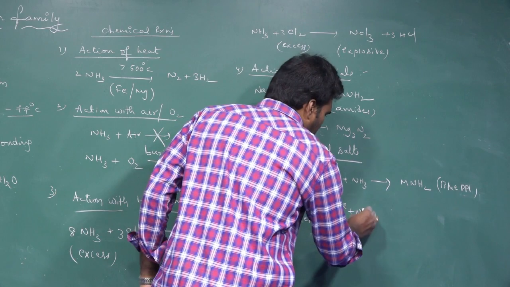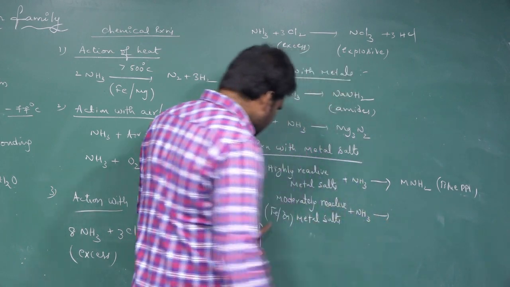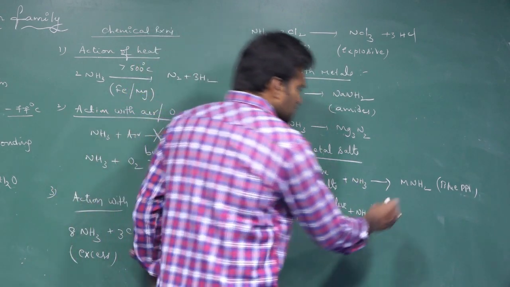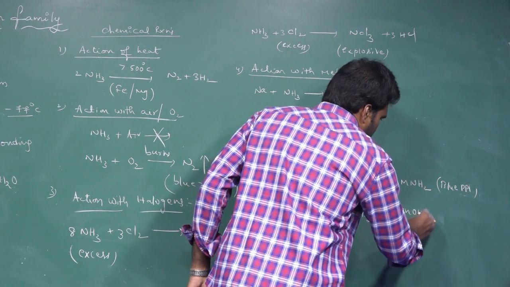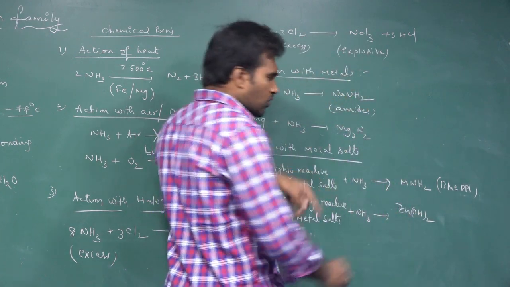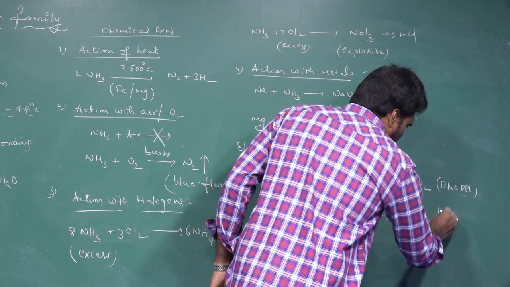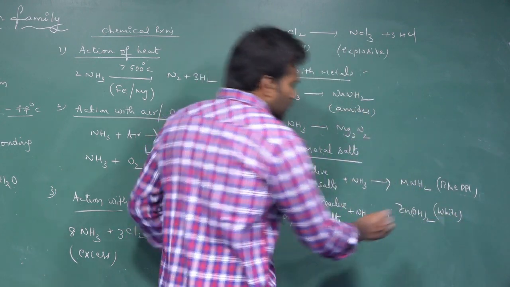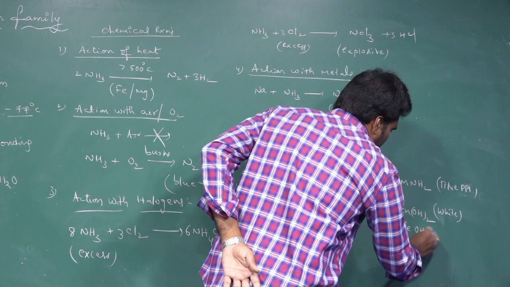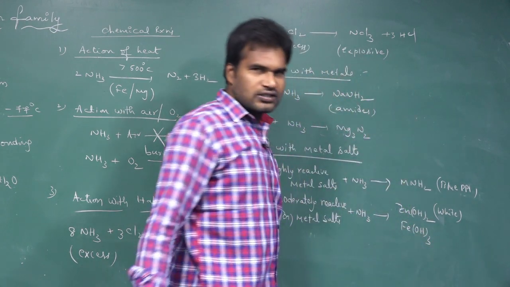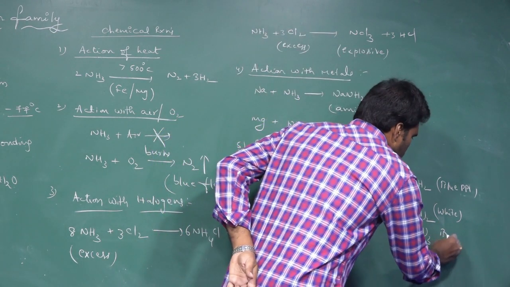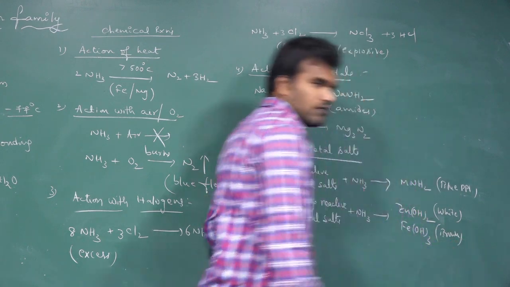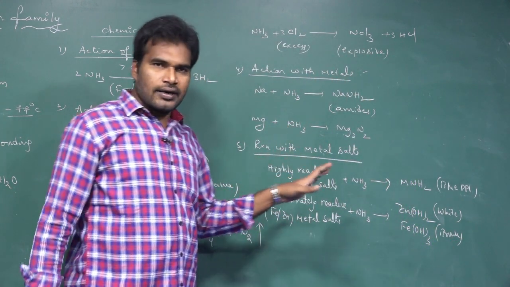When they are treated with ammonia, if it is zinc, we get zinc hydroxide, which is a white colored precipitate. Whereas if it is iron, we get Fe(OH)3, which is a brown colored precipitate.